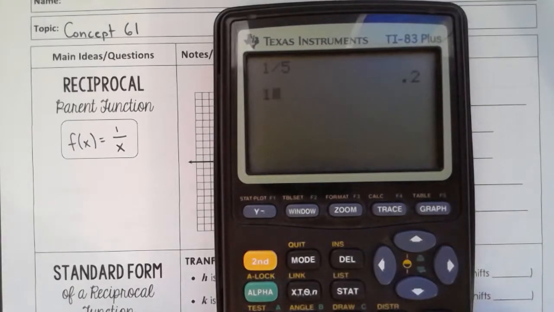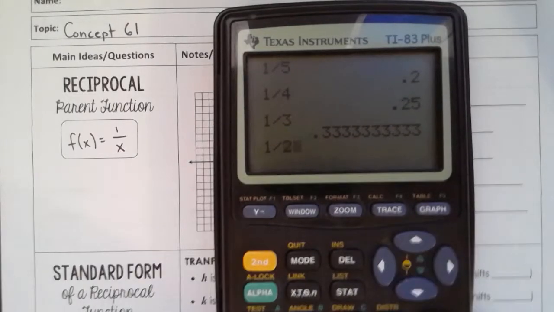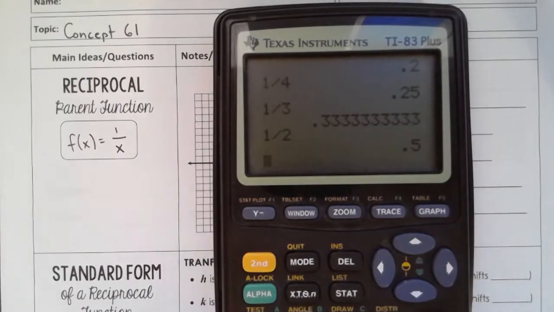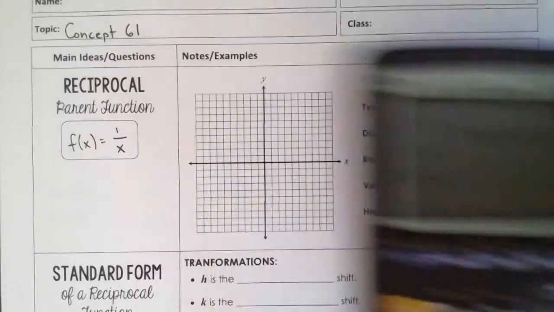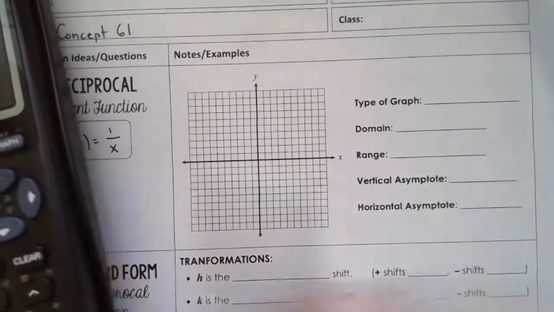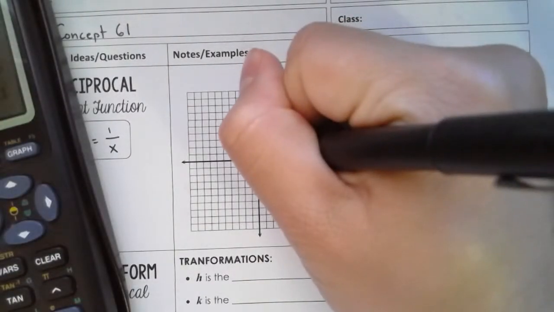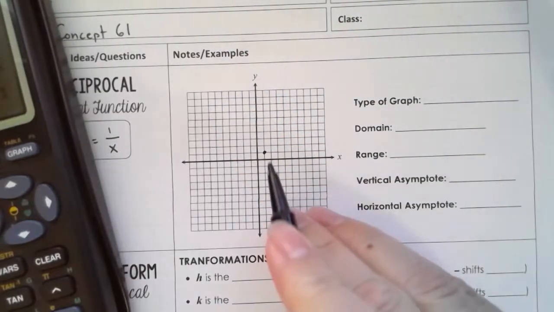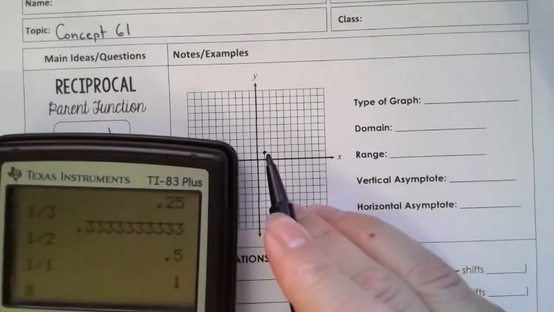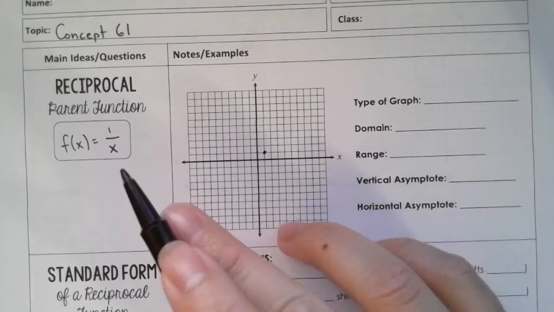Then I have 1 over 4, 0.25, it got bigger. 1 over 3, 0.333. 1 over 2, sorry, so it got bigger. 1 over 1, so at x is equal to 1, I have 1. So you can plot that one. That's an easy one to plot, right? So when x is equal to 1, f of x is equal to 1.